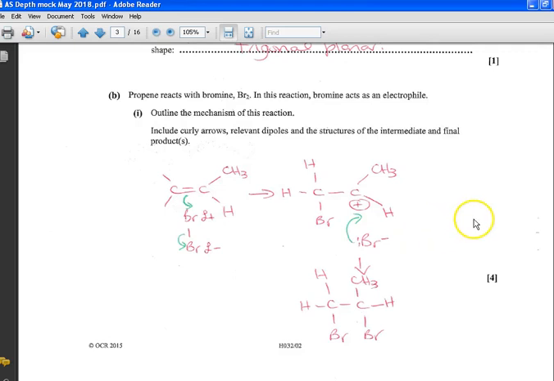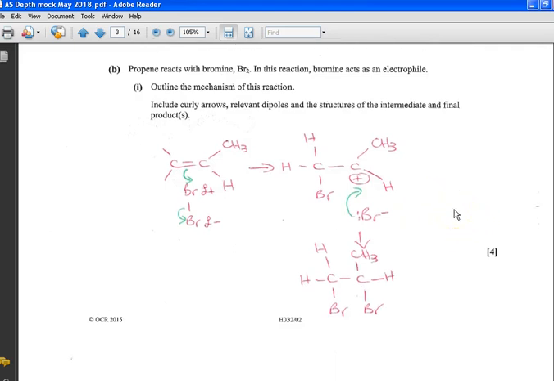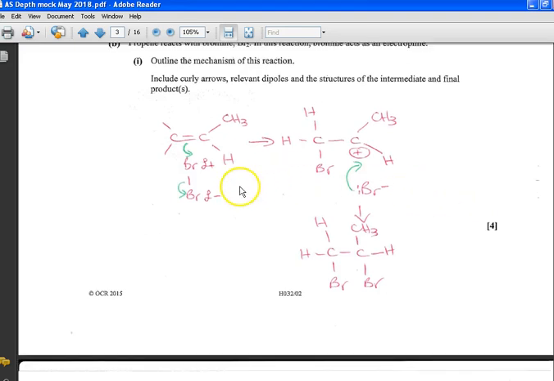And you're asked for a mechanism, an electrophilic addition mechanism here, bromine adding to the alkene. And to get all the marks for this, it's pretty easy if you know what you're doing. As long as you've got your dipole on your molecule here, you've got your curly arrows accurately placed, yeah? So this curly arrow is coming down towards the bromine.